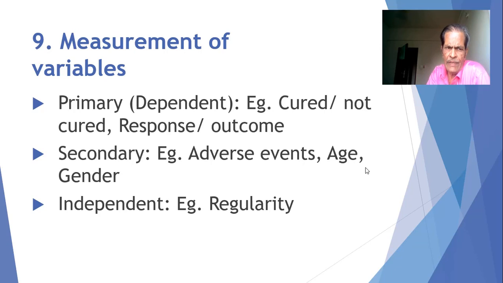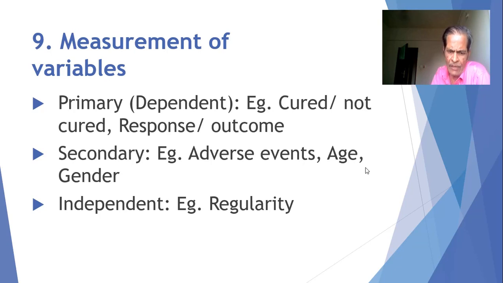If they are included, then they become primary variables. But if the primary variable includes only the outcome, then the adverse event becomes a secondary variable. So the record of the adverse events, the age, the gender of the person, those records must be maintained.